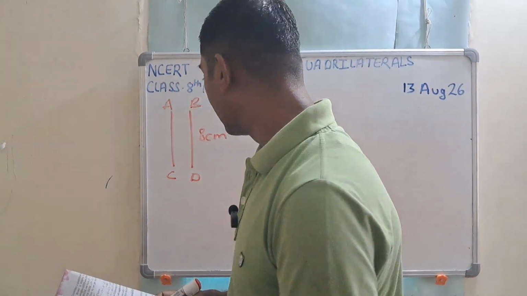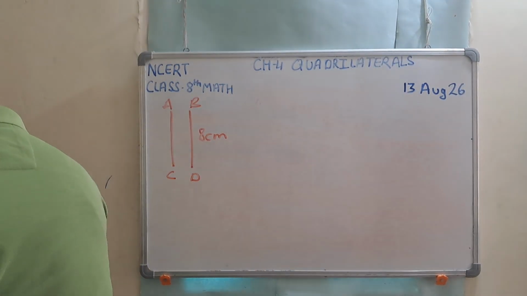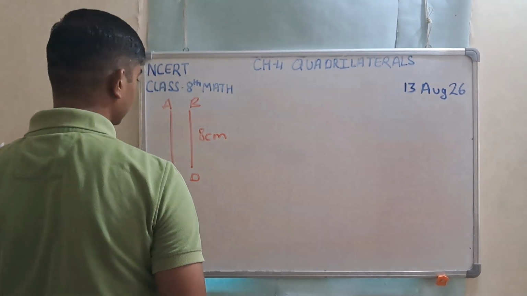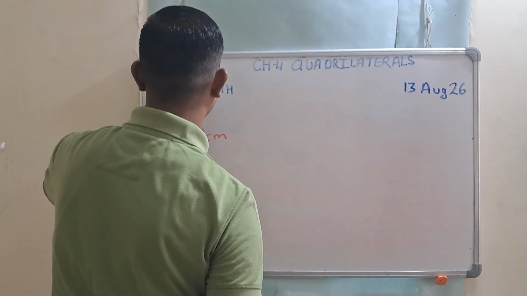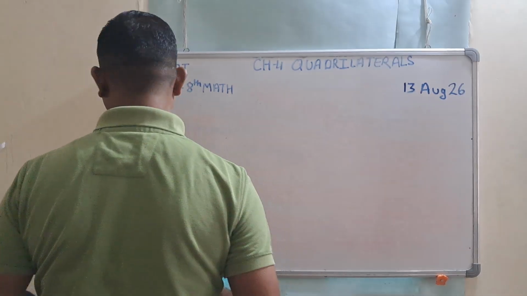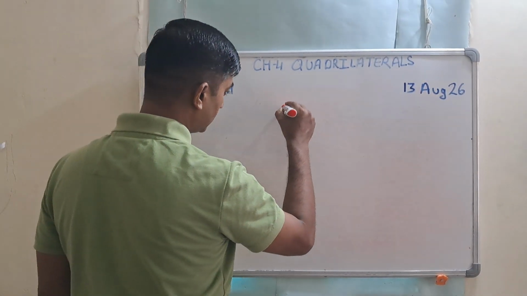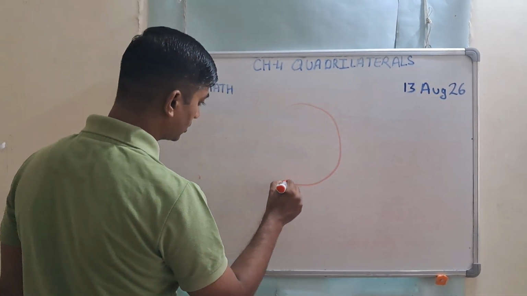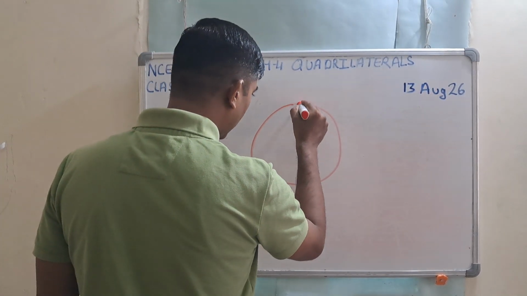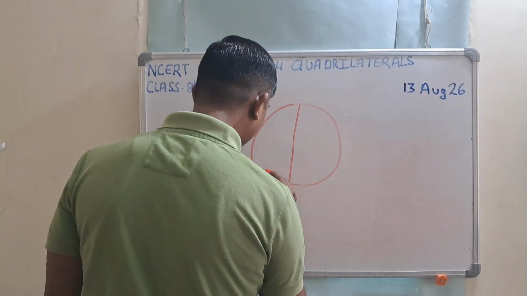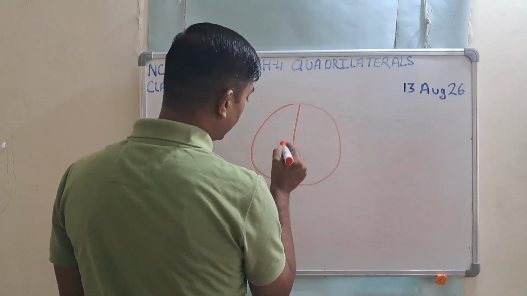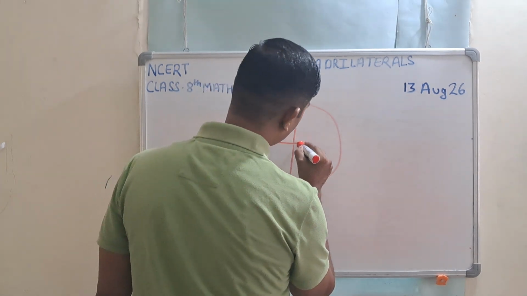Then let's see what this question is saying, that we have to draw a circle. By using your compass, draw a circle. Understood? And they are saying draw the diameter. This is one diameter and another diameter is perpendicular to it.